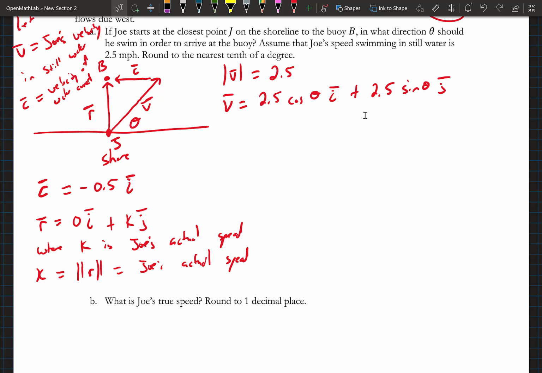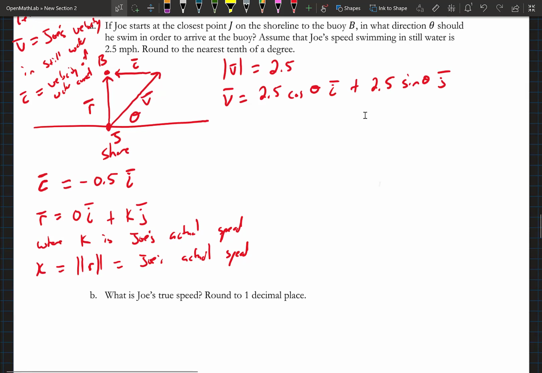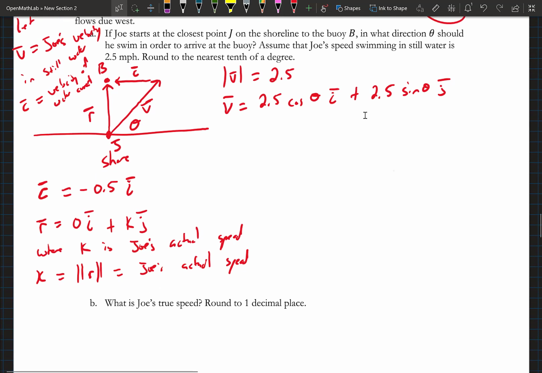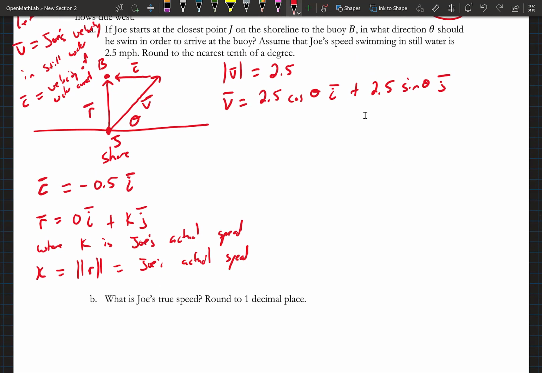All right. So what we can do now is to come up with an equation. So let me change the color here. In other words, what we know is that the resultant vector is going to be equal to the vector v plus the water current vector.